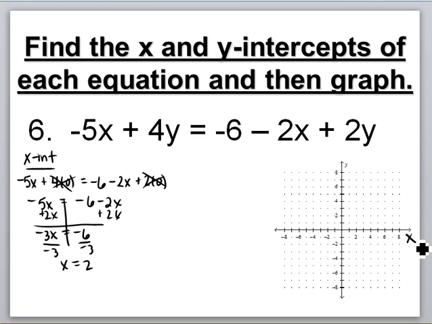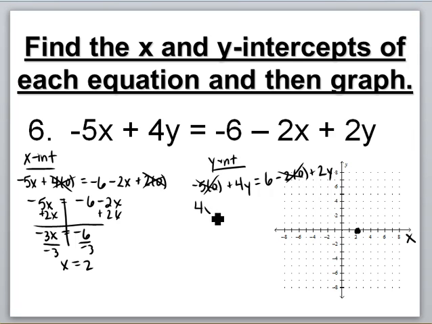On my x-intercept, or on my x-axis, I mark my x-intercept of being 2. My y-intercept is found by plugging 0 in for x. So I'm going to plug 0 in for x and solve for y. For every x I come to, I'm plugging in 0. So those fall out.